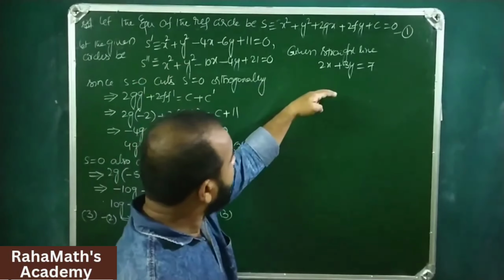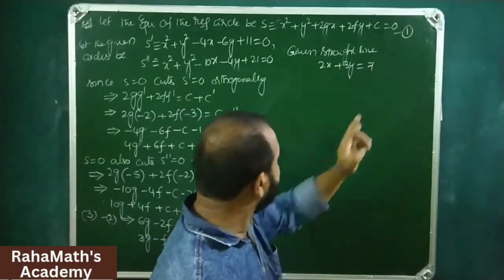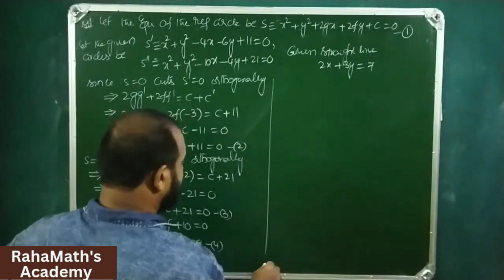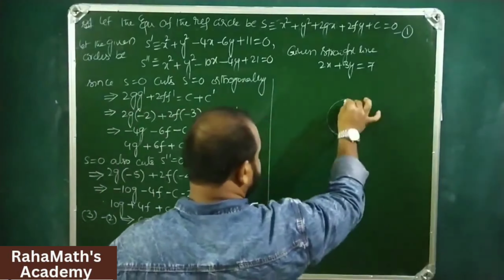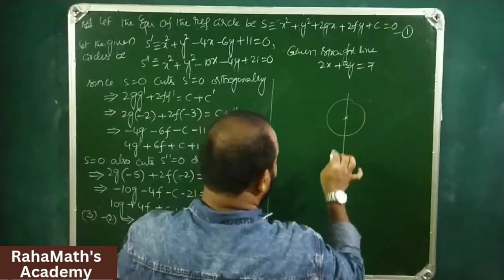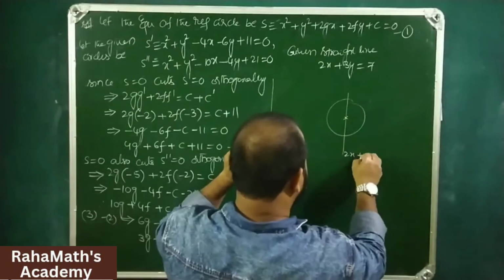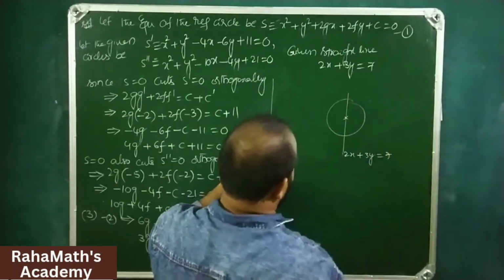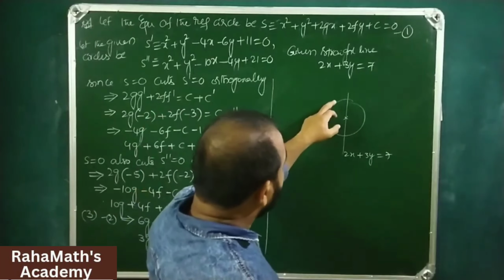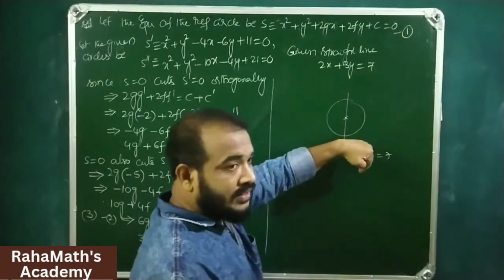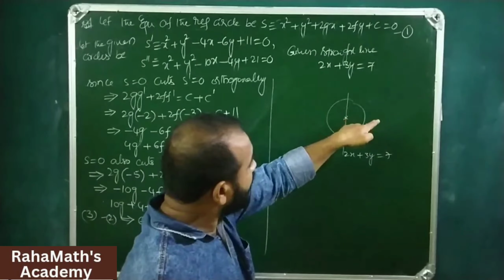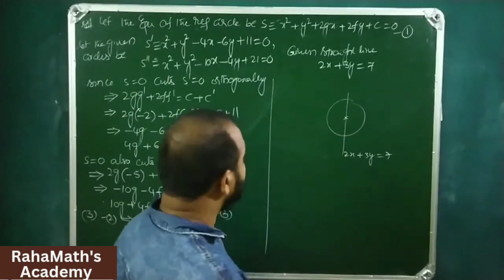Required circle has the diameter along the line. That means the required circle has the diameter along the line 2x plus 3y equals to 7. Diameter along the line means the center of the required circle is passing through this.